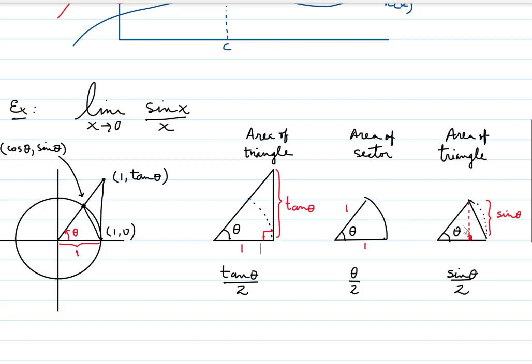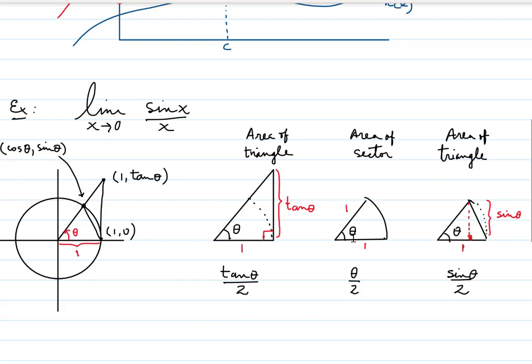And then finally, the area of the smaller triangle inside this sector would be, again, base times height. The base here is 1, because the radius is still 1. This is the same side, guys, if you haven't noticed.